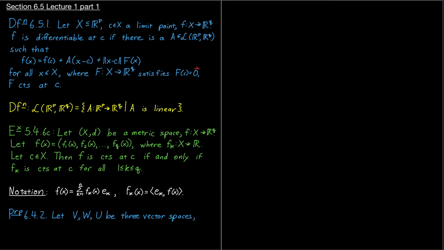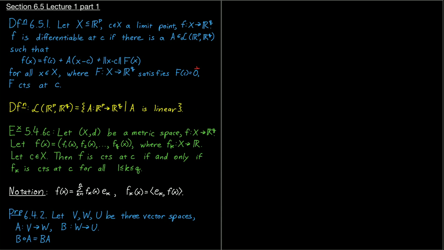And we're going to take 2 linear functions. A goes from V to W, and B goes from W to U. Then B composed with A, we often write that as just BA without the composition symbol.